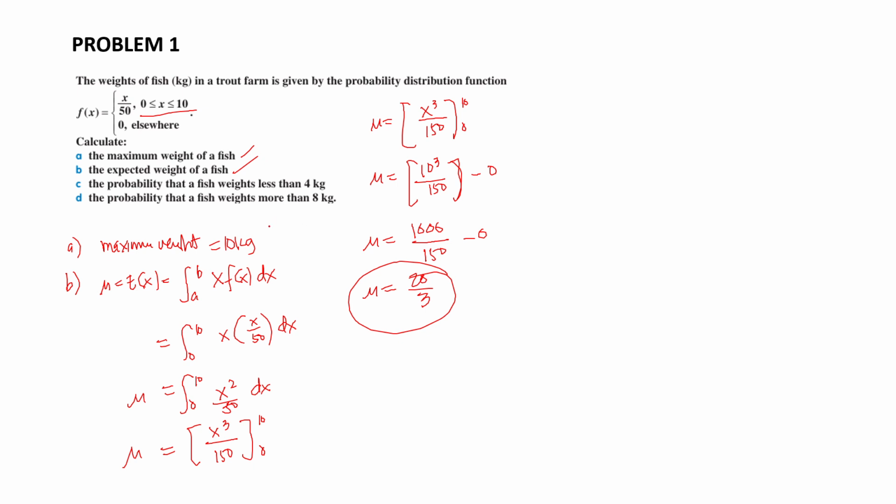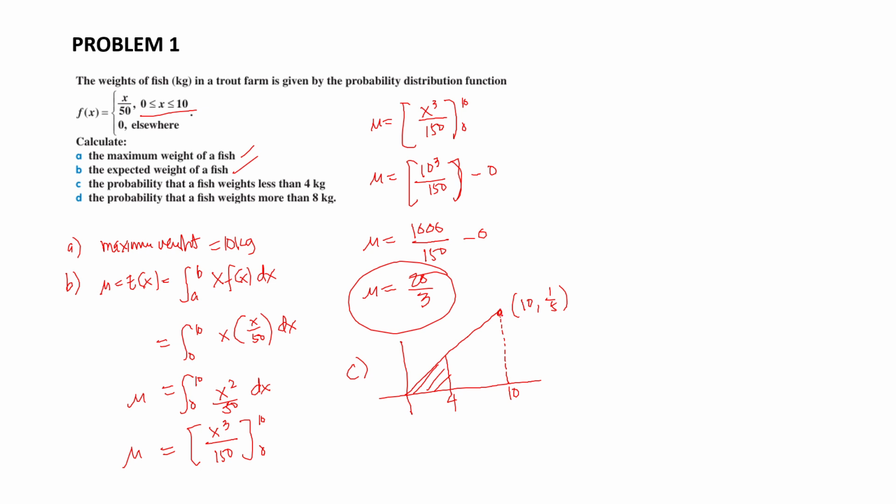Next is the probability that a fish weighs less than 4 kg. Let us illustrate this. We substitute the value 10 into the function, so that's equal to 1 over 5.